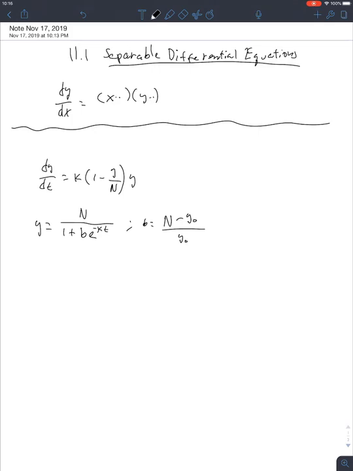So think of it as, y0 is the same as y of 0. It's the initial value. Now graphically what this means is, this is a logistic growth model, so we should probably call it that.